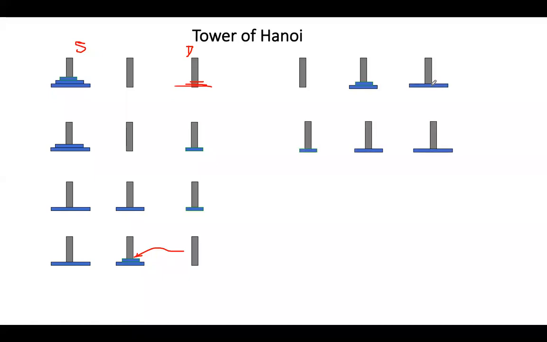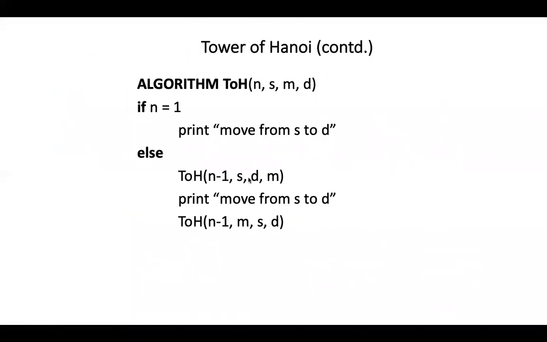Next, the small disk goes to the first tower, and then in the next step, you can put this onto the last tower, and the final step is this small disk again back onto the last tower. Is it clear? See, again, it need not be in the same order. It can be in some other order also, but this is how the Tower of Hanoi problem is solved. So if we look at the algorithm for this, it is like this.